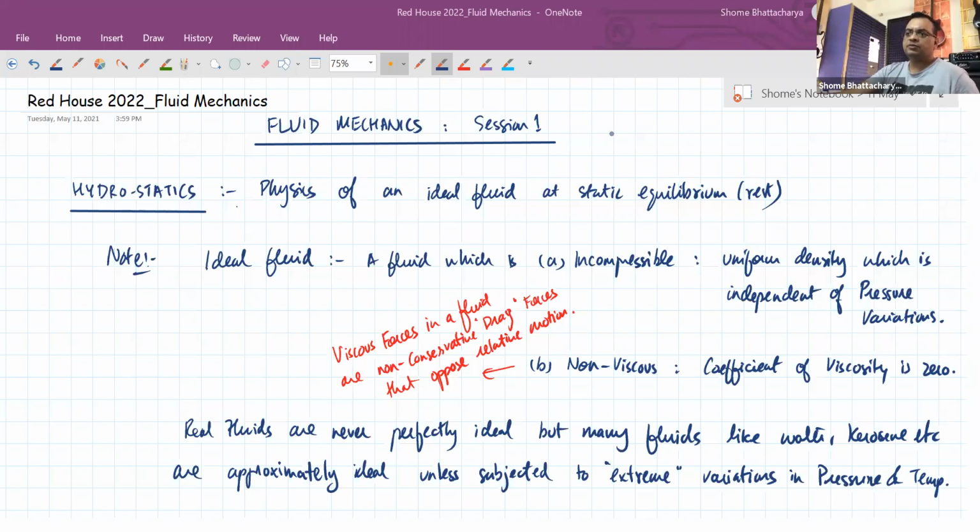So that's an example of a very highly compressible fluid. Or if we increase the pressure, the density will significantly increase. Okay. But even a more everyday liquid like water and kerosene, etc., exhibits compressibility. But for that, we have to subject it to extreme amounts of pressure. It will not happen for minor variations in pressure. Okay.